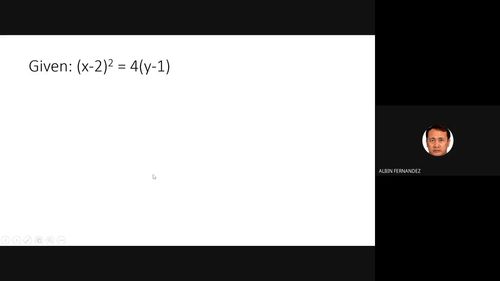Now let's have an example. Given that the equation is (x − 2)² = 4(y − 1). The equation follows the standard form (x − h)² = 4p(y − k).